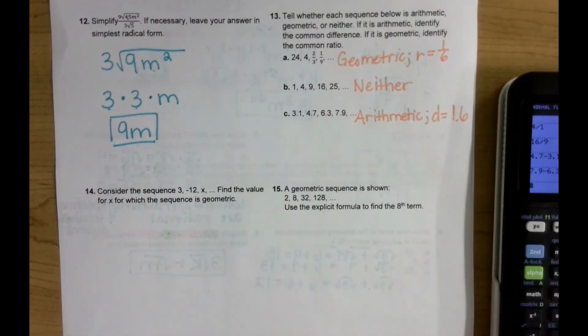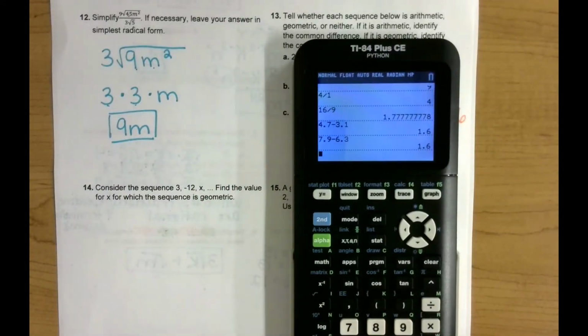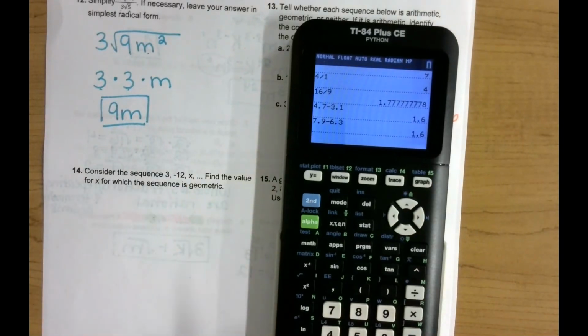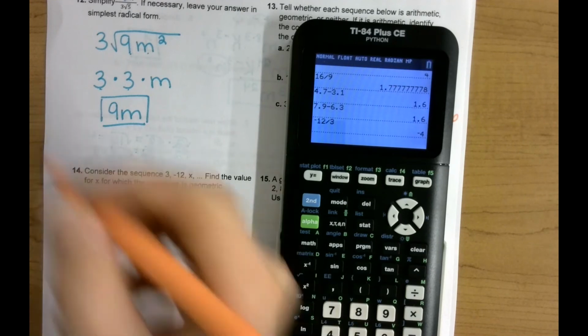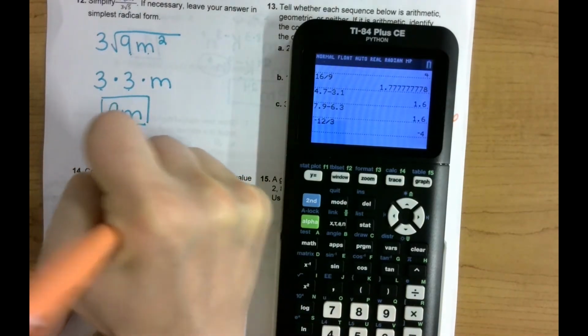Consider the sequence 3, negative 12, x. Find the value of x for which the sequence is geometric. So it's telling us we want to make it geometric. So we're going to first divide the first two terms to see what the common ratio is and use that to figure out x. So I would do negative 12 divided by 3. So I know my common ratio needs to be negative 4.